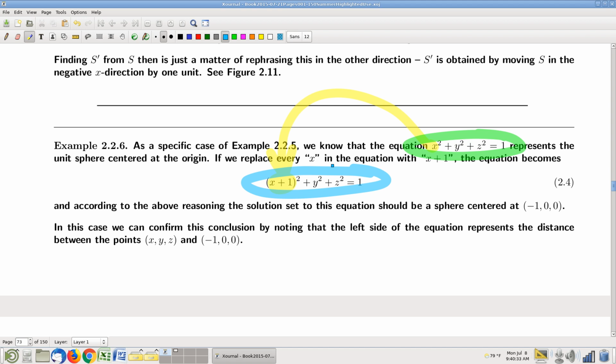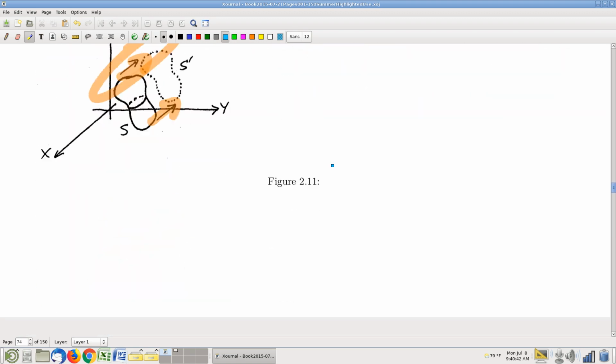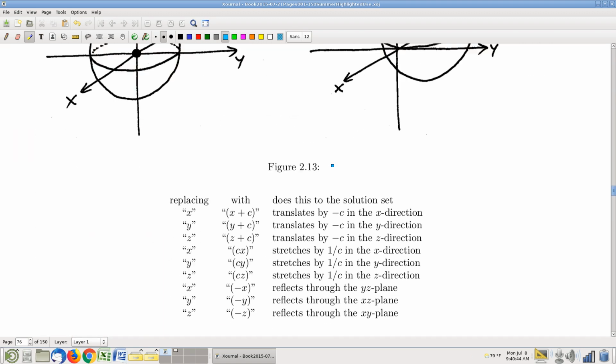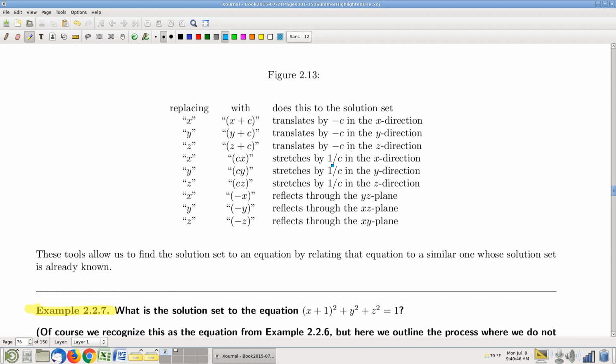I already know geometrically what this green equation looks like. That's a sphere centered at the origin. This yellow replacement, well, I know what that does. I can look it up on the chart. Where'd that chart go? Here it is. When you replace x with x plus a constant, the result is to translate in the other direction along the x-axis.